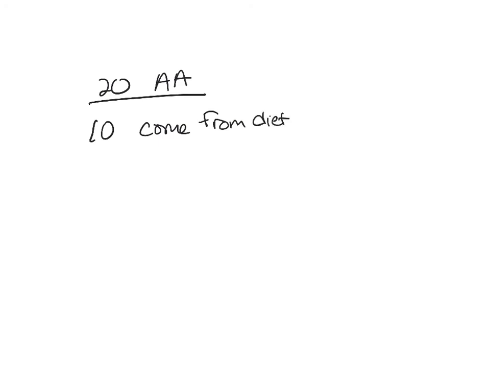Like I said before, there are 20 amino acids in your body, and 10 of those amino acids come from your diet. And so those we call essential amino acids. Think of it this way, it's essential to eat these and get these, otherwise you're not going to have them.